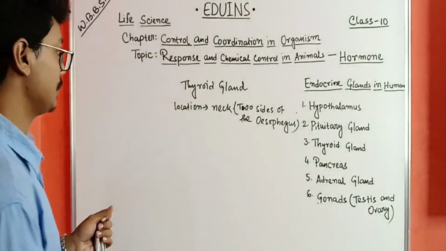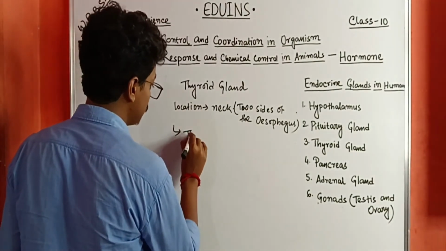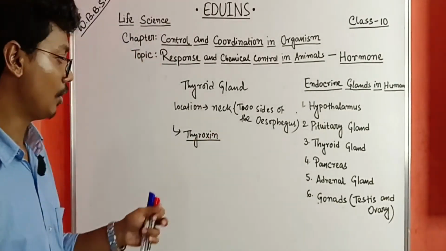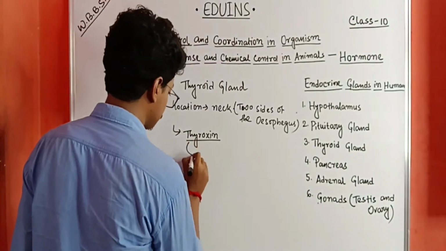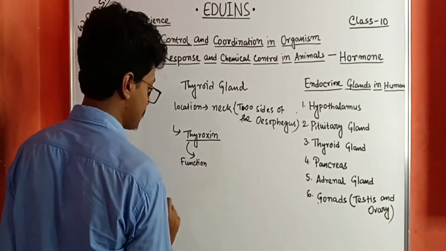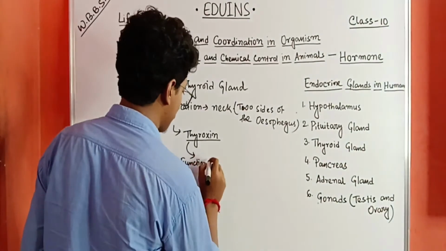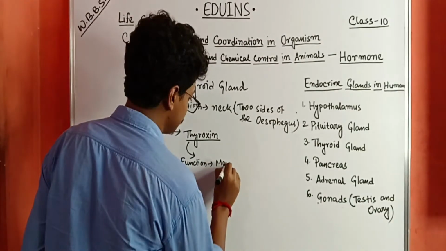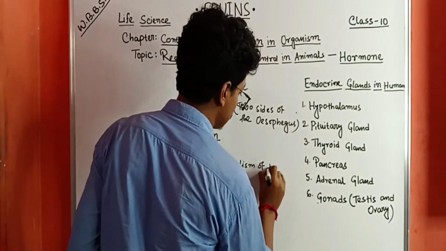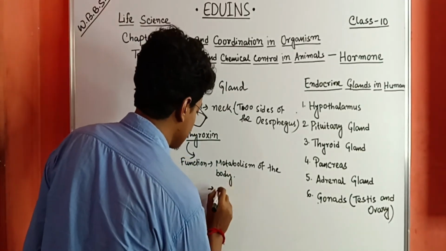This thyroid gland secretes the hormone thyroxine. Thyroxine function: it regulates the metabolism of the body and regulates the BMR.